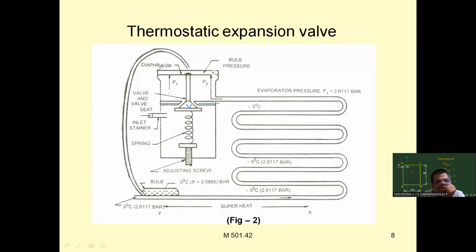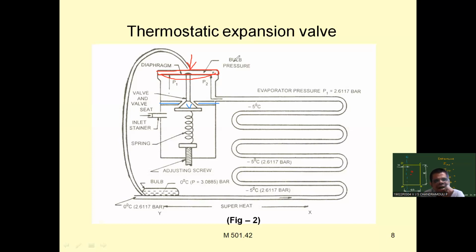See, this entire unit is the diaphragm, and this diaphragm is a flexible one. That means if pressure acts in this direction, it will bend in this way, so that it moves the valve downwards and makes some opening between these two.